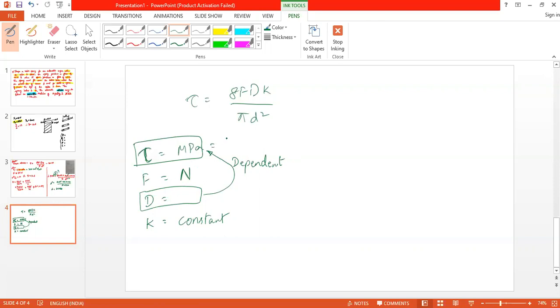So this megapascal is nothing but 10 power 3 Newton per meter square. So if tau is 330 into 10 power 3 Newton per meter square, then D will be in meters.